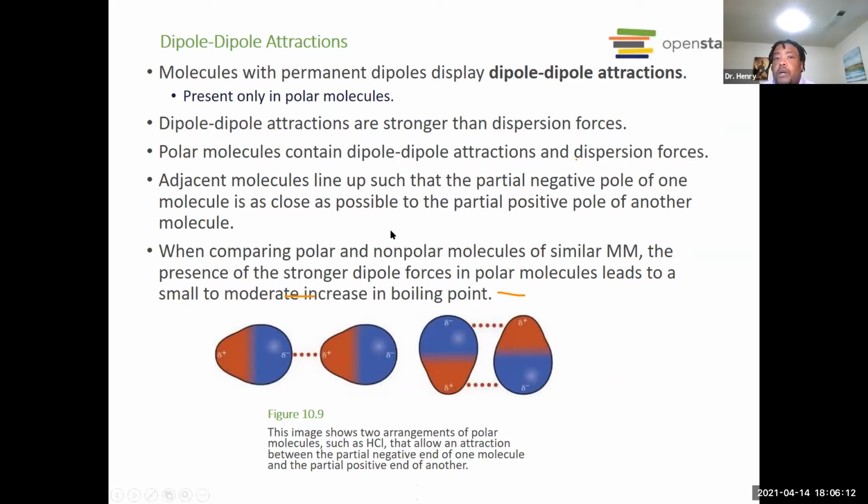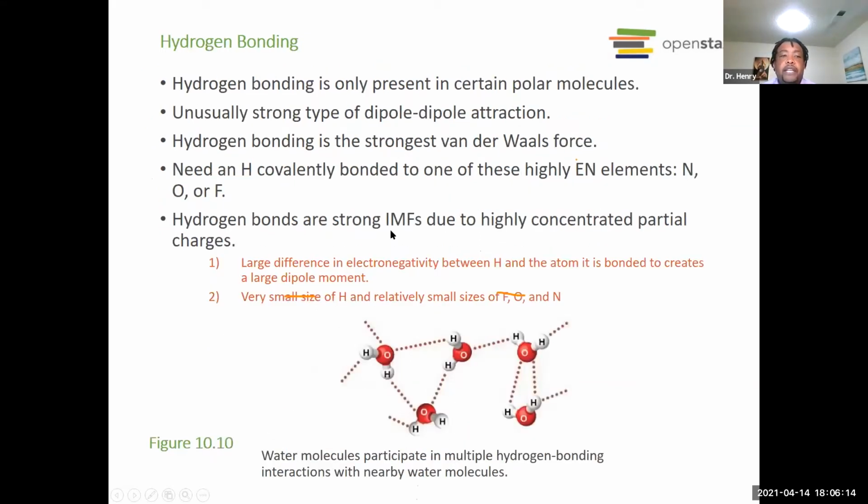Now, hydrogen bonding is just a special case of dipole-dipole. The only thing different about it is that you're working with the elements that have the highest electronegativity. So that's your nitrogen, your oxygen, and your fluorine, covalently attached to hydrogen.